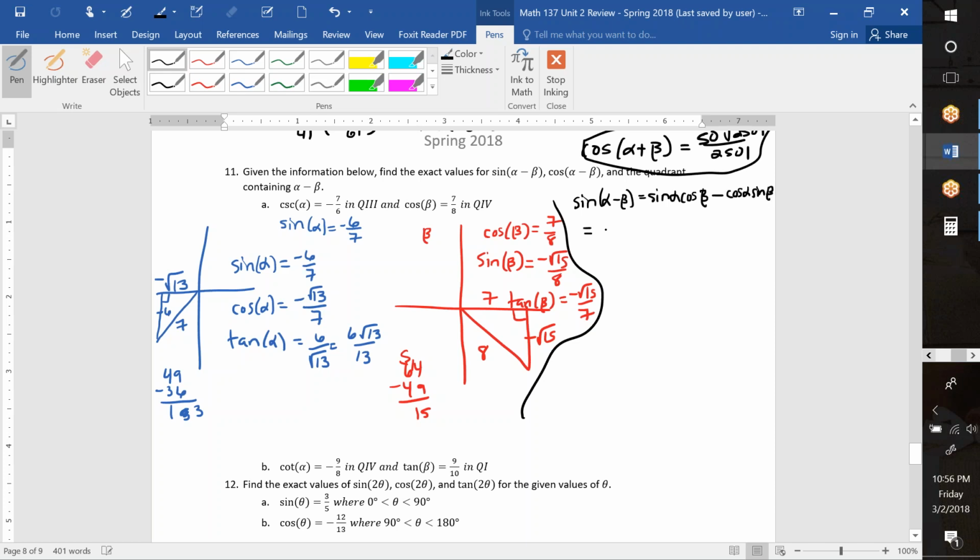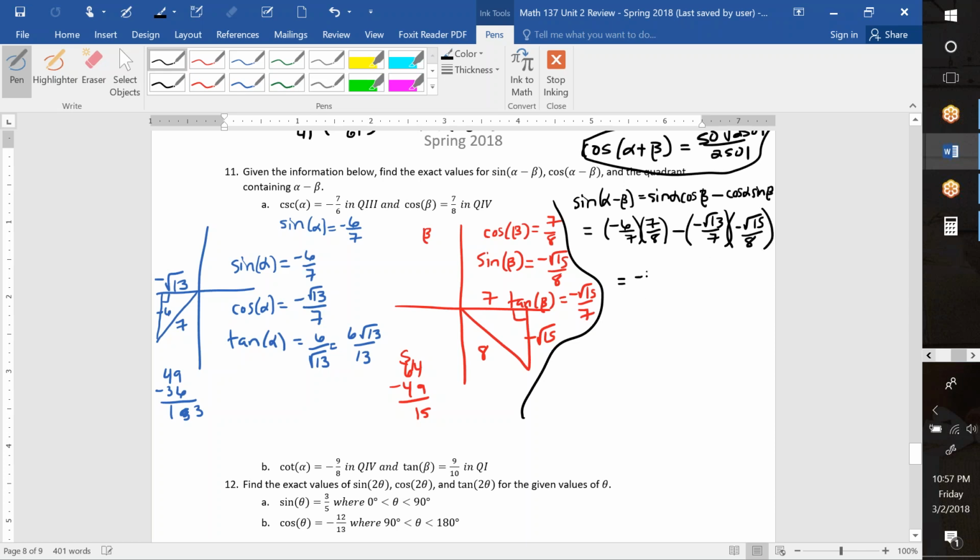So that's going to be sine of alpha is negative 6 over 7. Cosine of beta is 7/8. And minus cosine of alpha is negative square root of 13 over 7. And sine of beta is negative square root of 15 over 8.